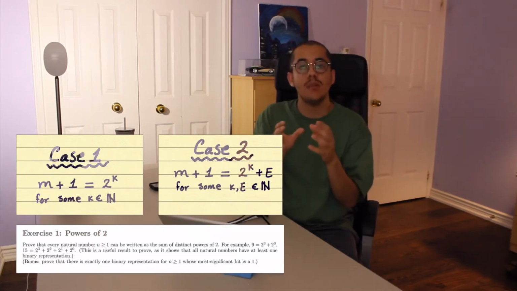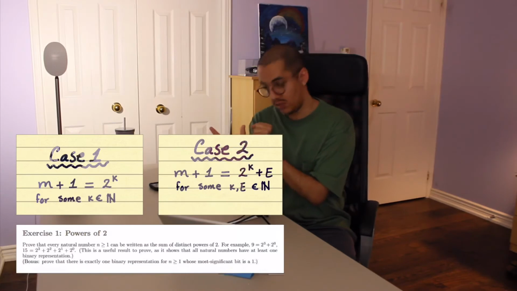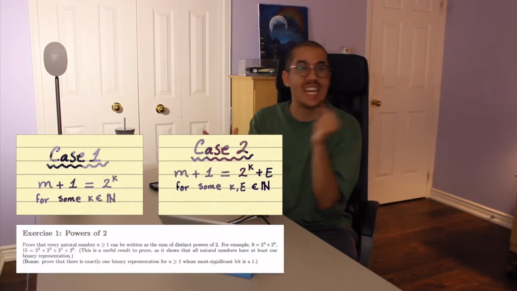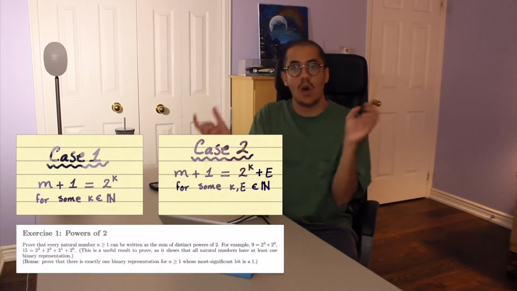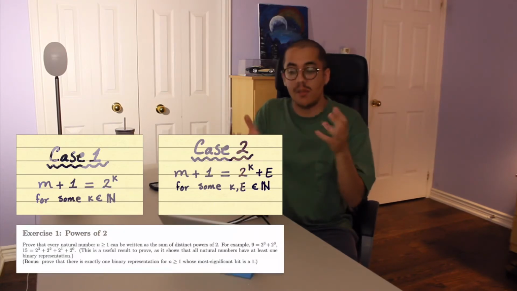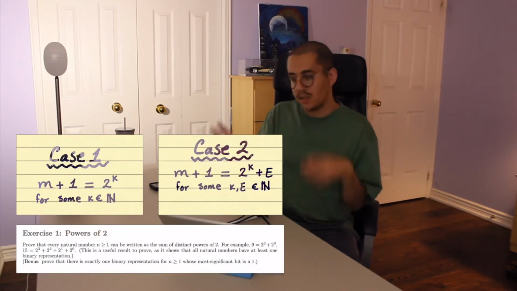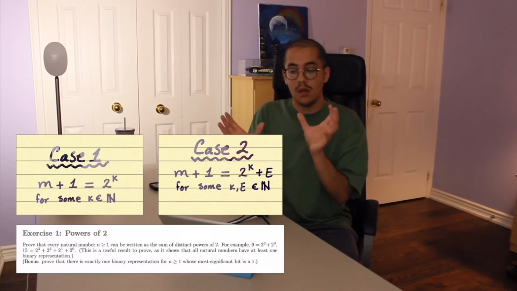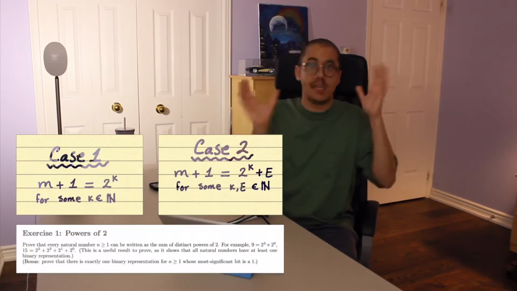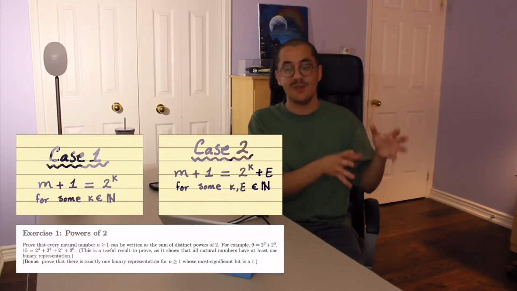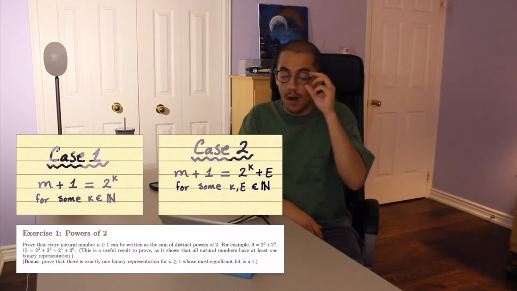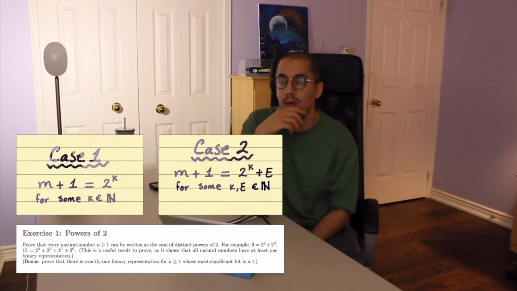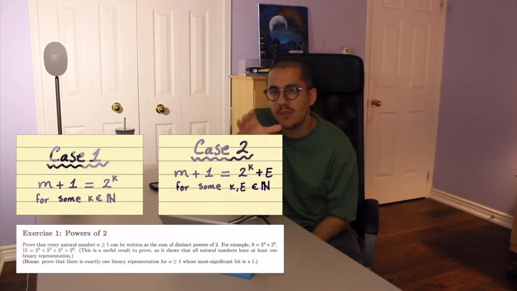So it just comes down to proving whether the extra, let's call it e, is also a sum of powers of 2, because if that's the case, then both of these are sums of powers of 2, making m plus 1 equal to a sum of powers of 2.